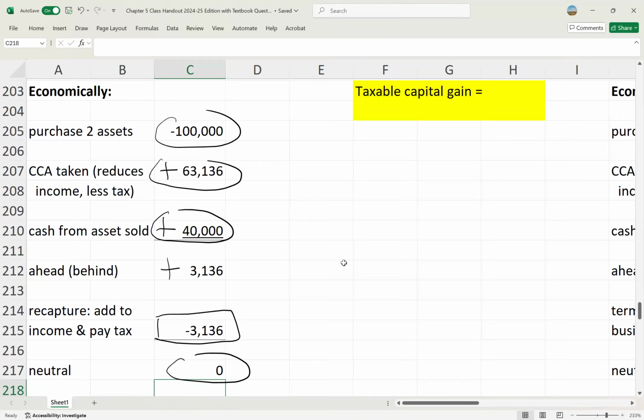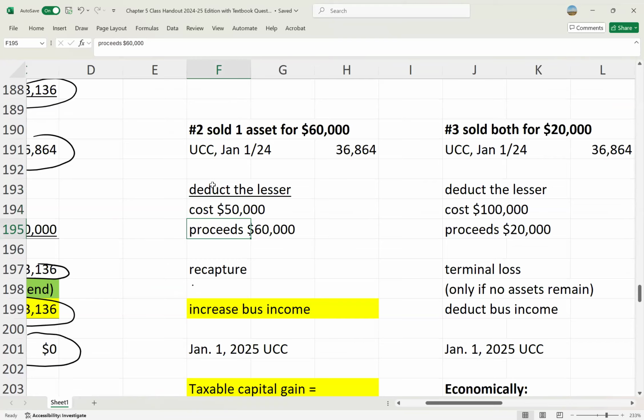We're going to look at another scenario using the same starting point. But this time, we're going to sell one of the assets for 60,000. We deduct the lesser of cost or proceeds. In this example, the lesser is going to be cost, which is 50,000. And so now we have an even larger recapture of 13,136.